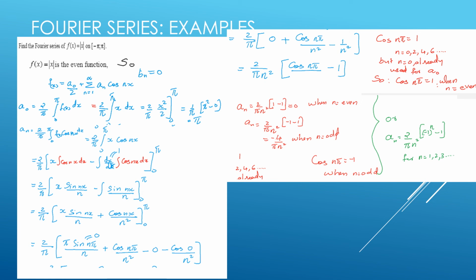Now we need to find an. How to find an? 2 by pi, integral 0 to pi of f(x) cos nx dx. In place of f(x), we substituted x, cos nx dx.